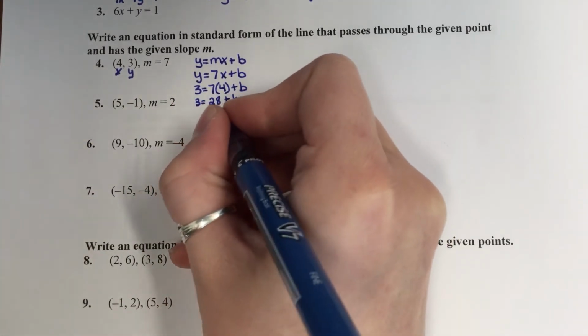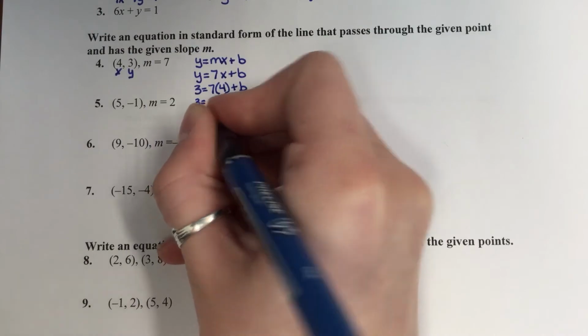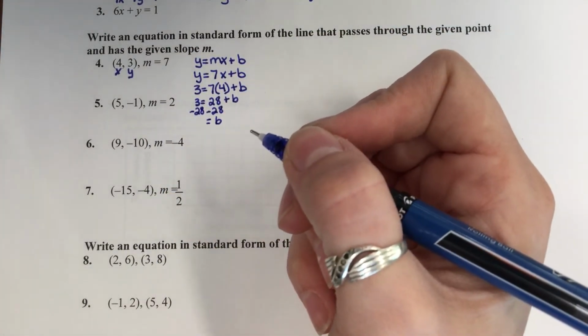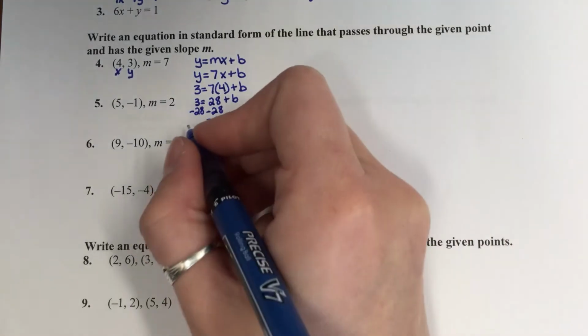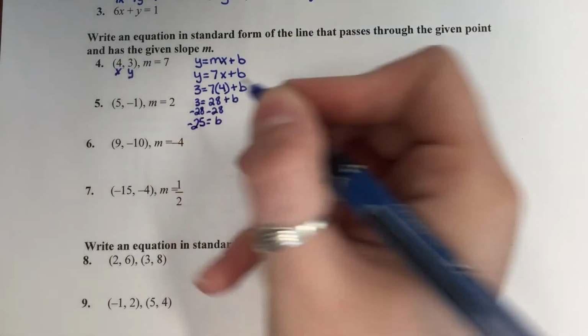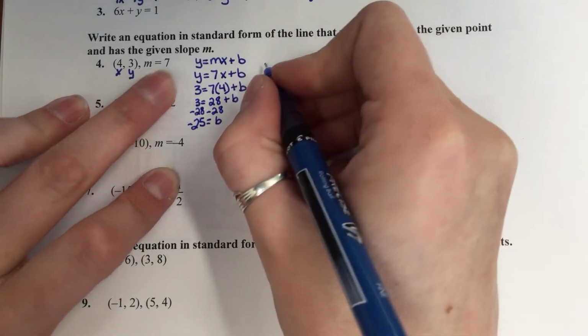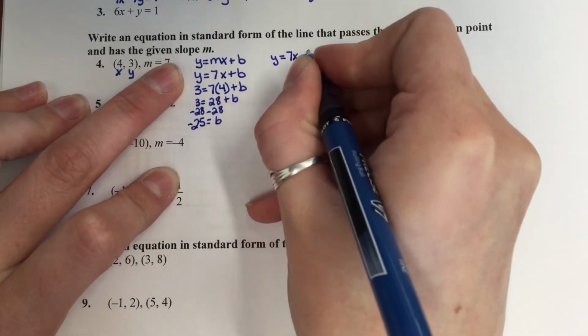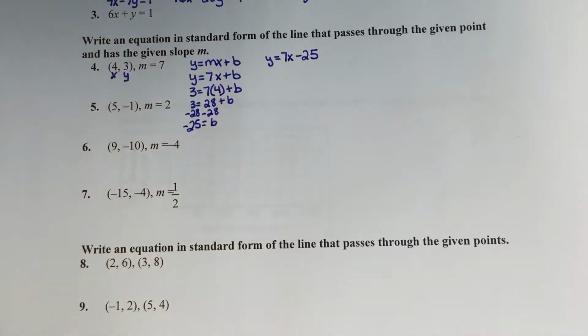Subtracting 28, b equals negative 25. So I have y equals 7x minus 25.